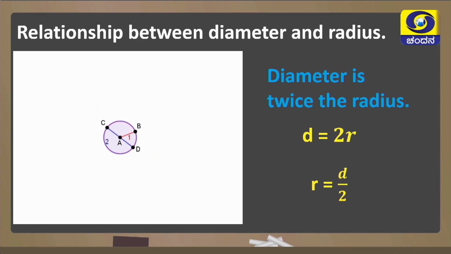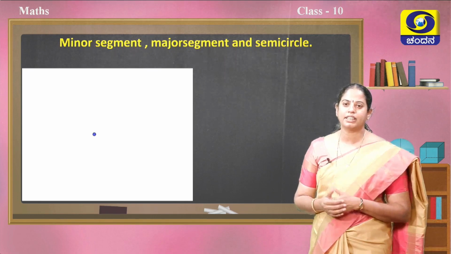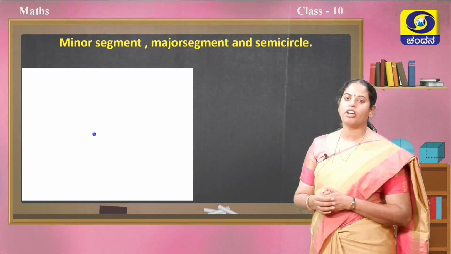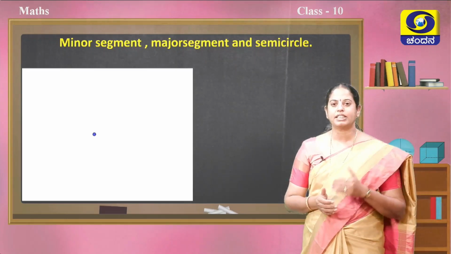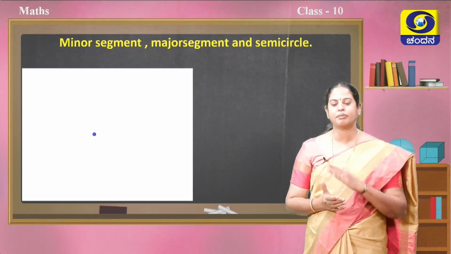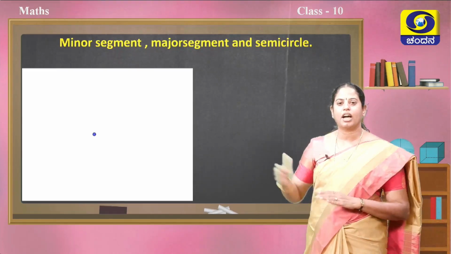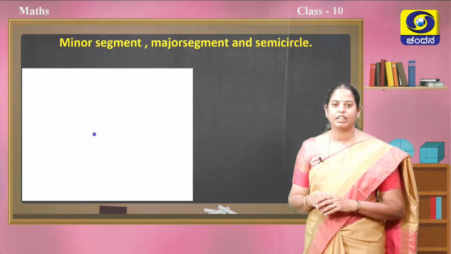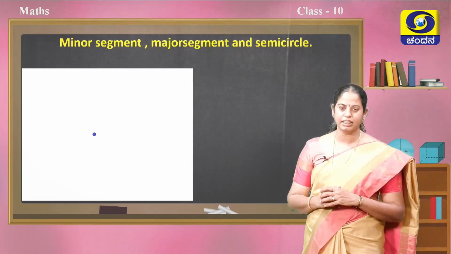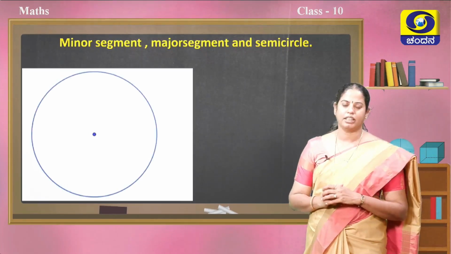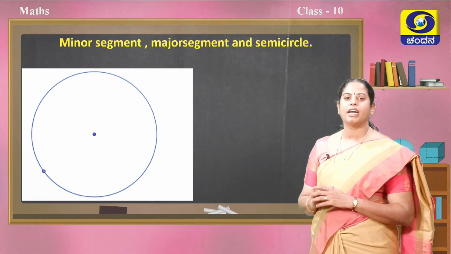Yes. Next, one more important thing that we have discussed regarding circles in the previous standard is its segment. What is a segment? Observe this video. The part of the circle bounded by a chord.